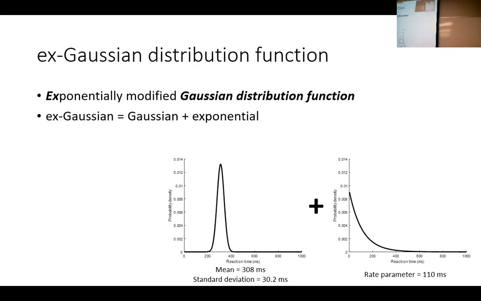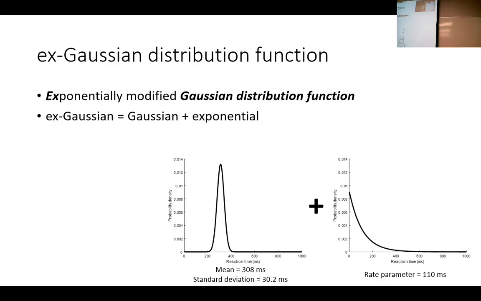Exponential functions can be described by a single parameter, which is kind of nice. It's called the rate parameter, and the symbol used for it is tau. This value represents the mean of these data and also the rate of decay. So the rate parameter, just one parameter, will fully describe the exponential function.